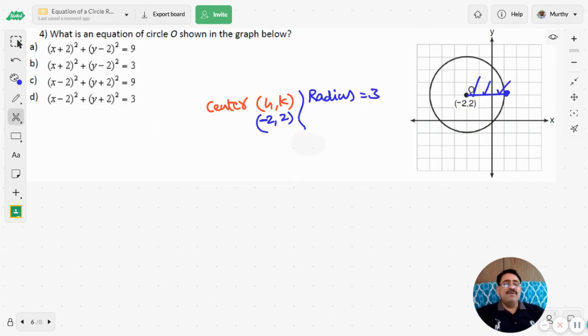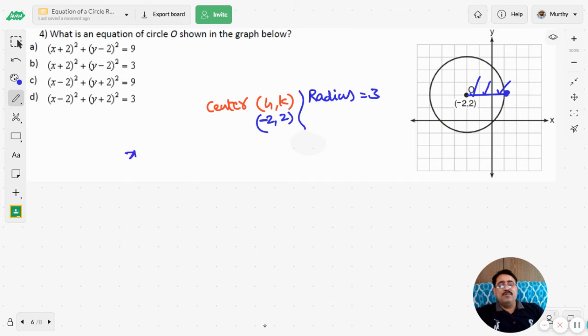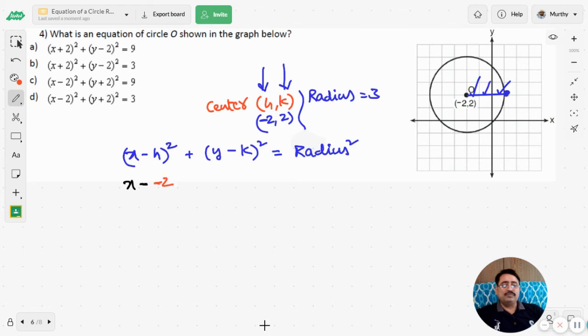In general, I never look at the options. Always I prefer to follow my method. My method is, let me write the equation x minus h whole square plus y minus k whole square equals radius square. I know h value, I know k value, so let me plug them in. Here x minus, please notice that the value of h is negative 2.